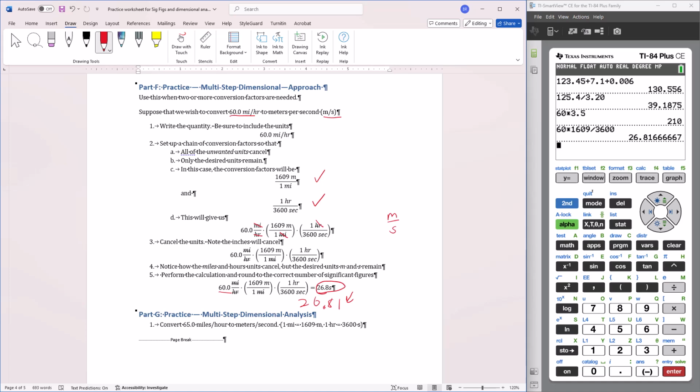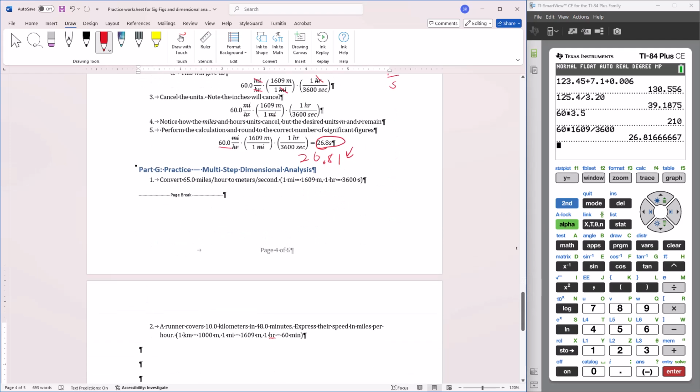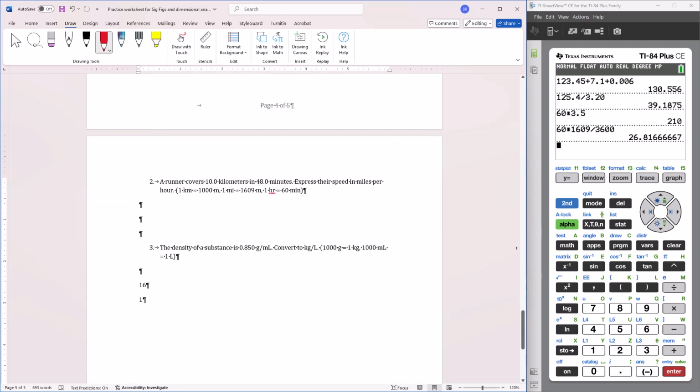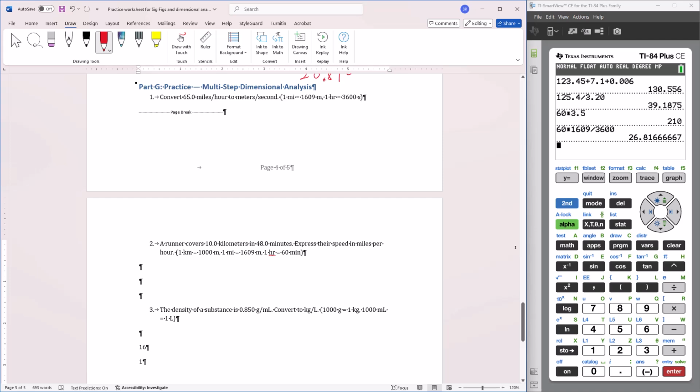Okay, so now what I want to do is just one problem from here to give you an idea how this works with something different. Let's take a look at 2. Now here, a runner covers 10 kilometers in 48 minutes, and we want to express their speed in miles per hour.